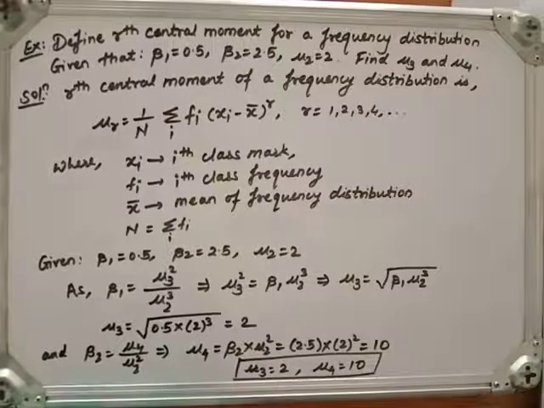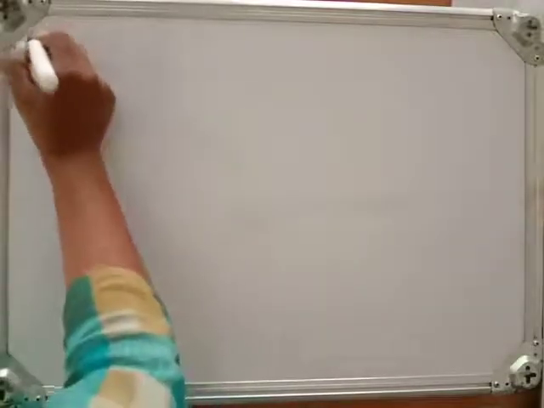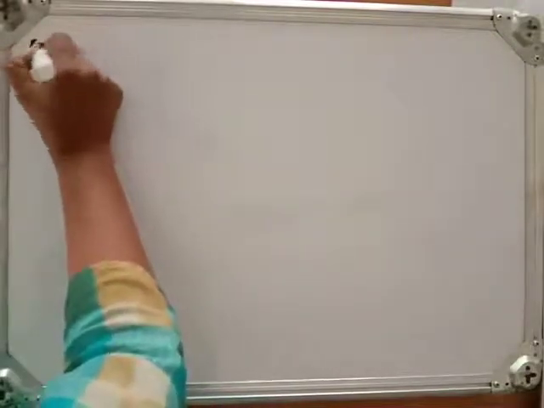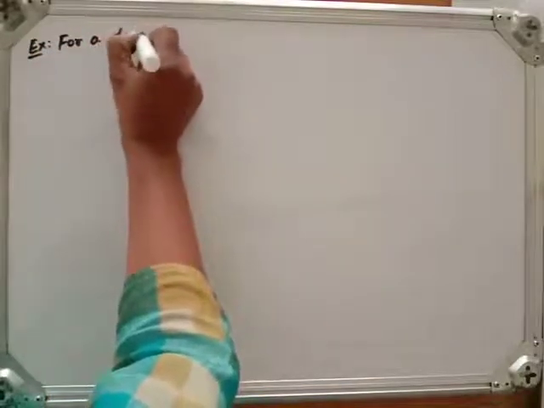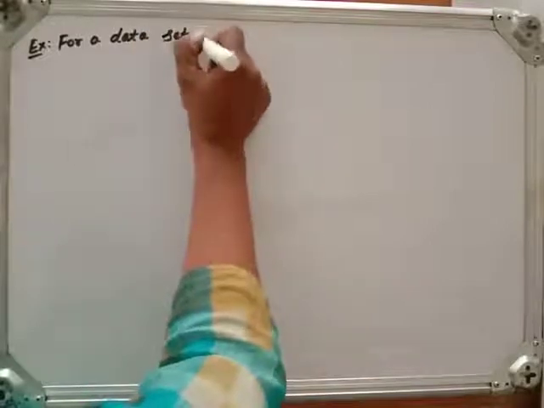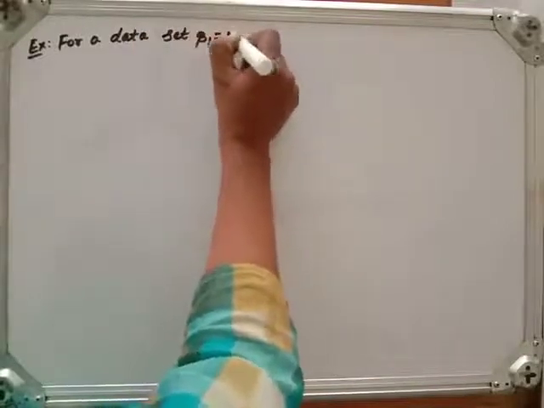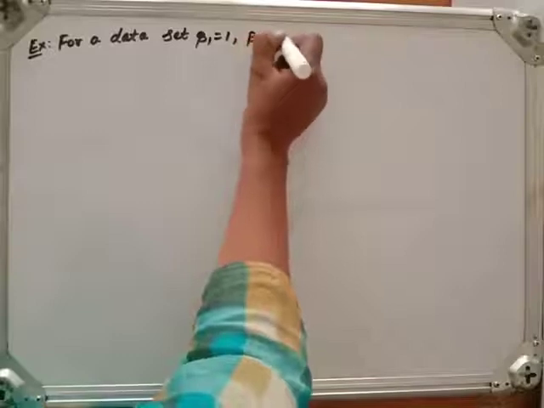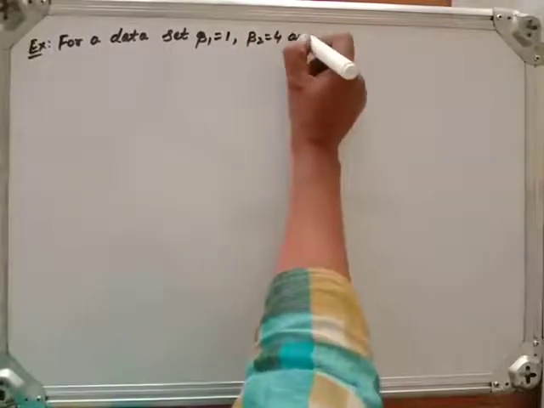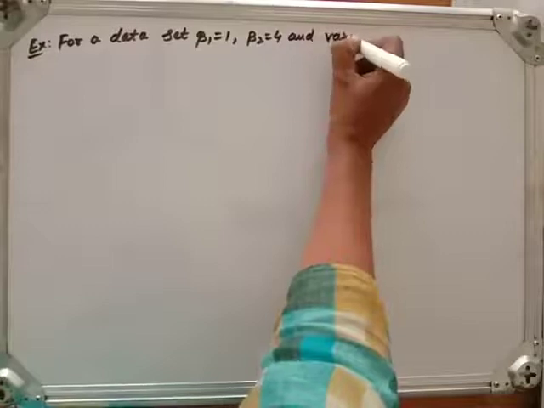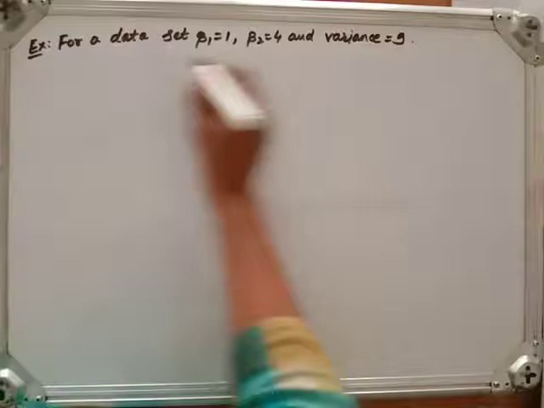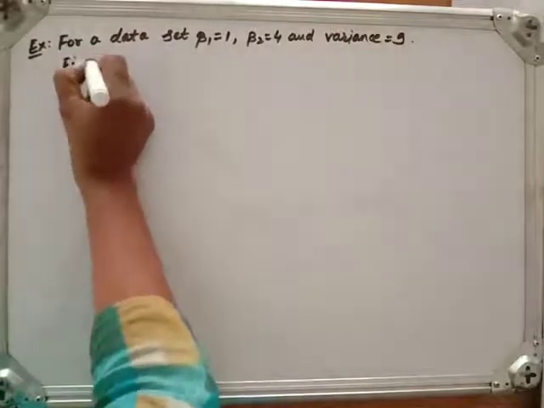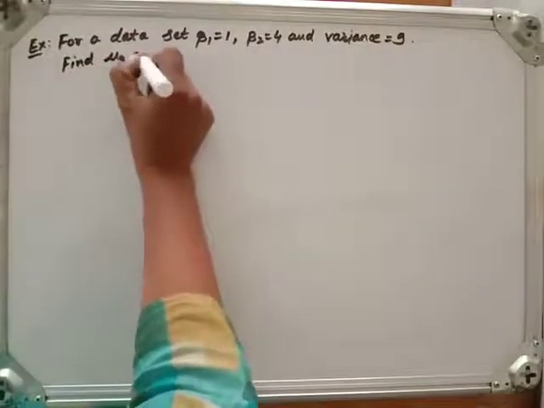Fine. The next one, a similar question again. For a data set, beta 1 is 1, beta 2 is 4 and variance is 9. Find mu 3 and mu 4.